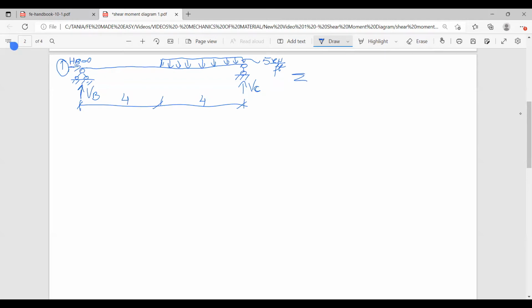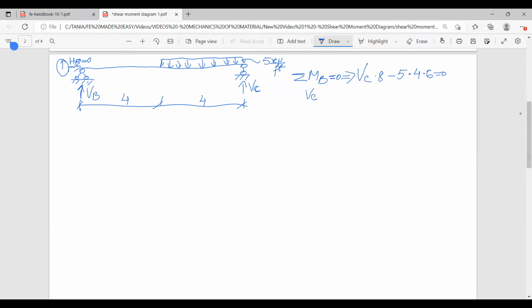Let's do sum of moments at point B equals 0. We have reaction at C times 8, that rotates counterclockwise, minus 5 times 4, and the arm is 6, equals 0.